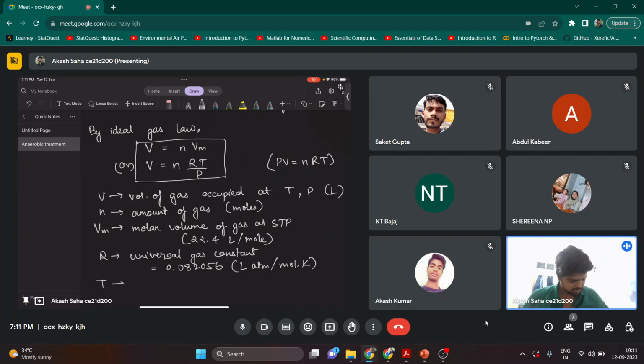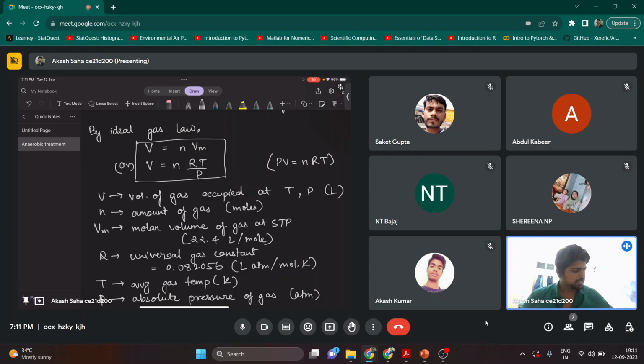And T is the average gas temperature in Kelvin, and P is the absolute pressure of gas in terms of atmosphere. Okay.